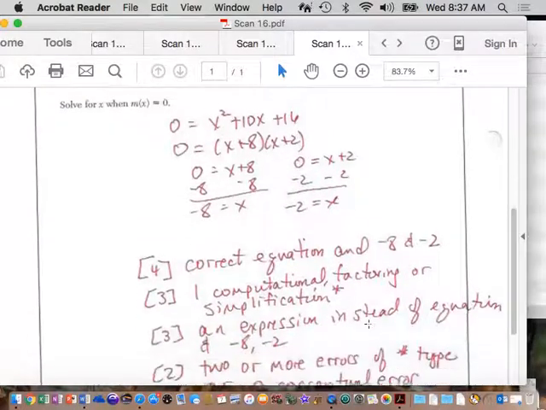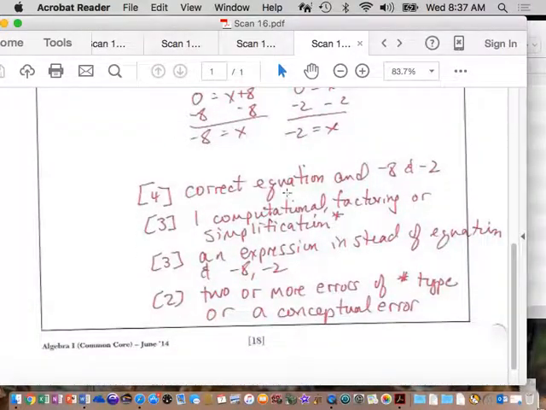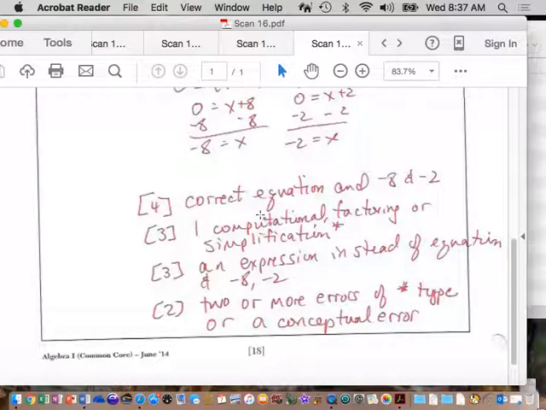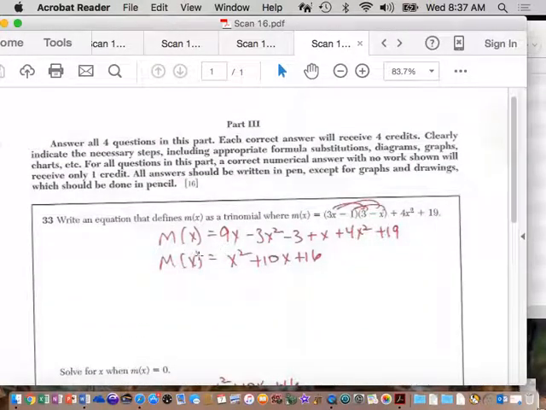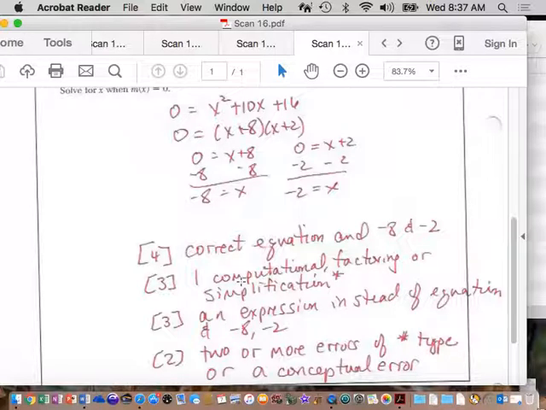Now, as far as grading it goes, if you get the correct equation and -8 and -2 showing work, it's full 4 points. If you make one computational, factoring, or simplification error, it's 3 points. If you write an expression instead of an equation, in other words, you leave off the m of x equals, it's 3 points.